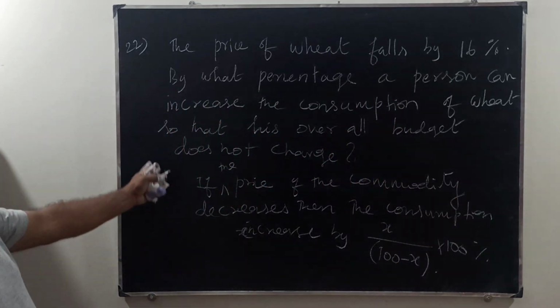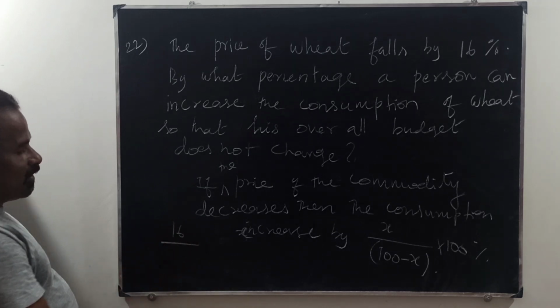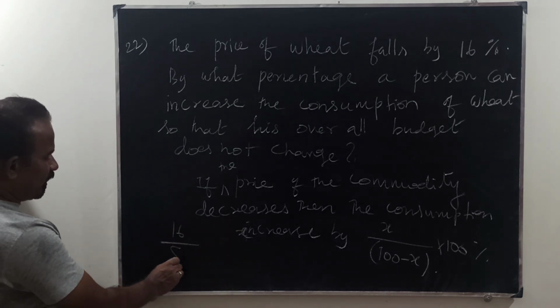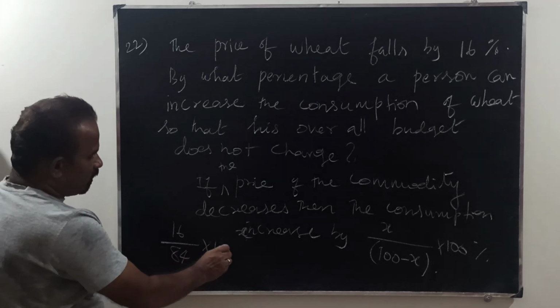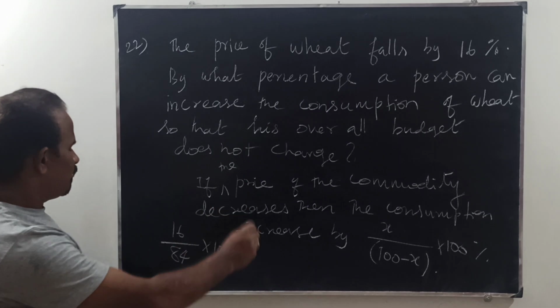So simply I can write 16 divided by 100 minus 16, therefore 84 into 100 percentage.